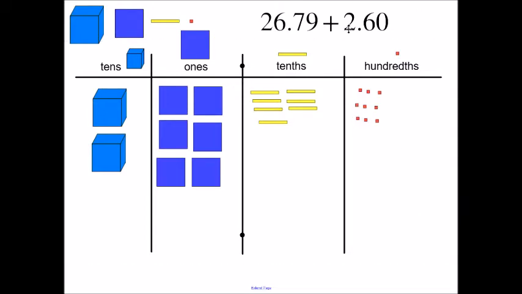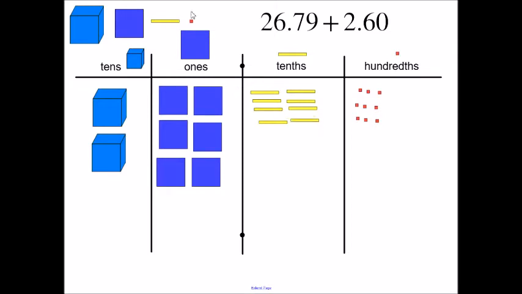Now I want to add an additional 2.60 to represent Julio's backpack. So I'm going to look at each of the places. Now, do I need to add any more hundredths? No, I have a 0 in the hundredths position, so I don't need to add any more. I do need to add 6 more tenths. So I'm going to add 6 more.